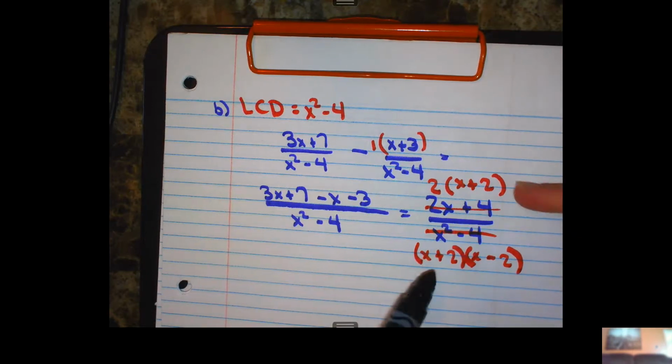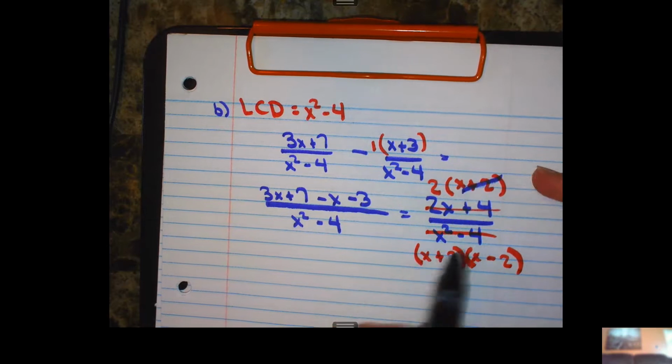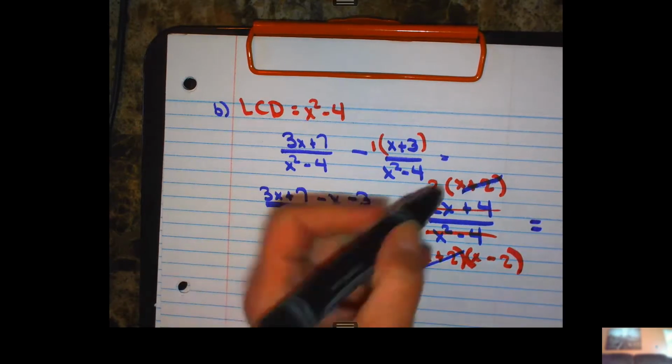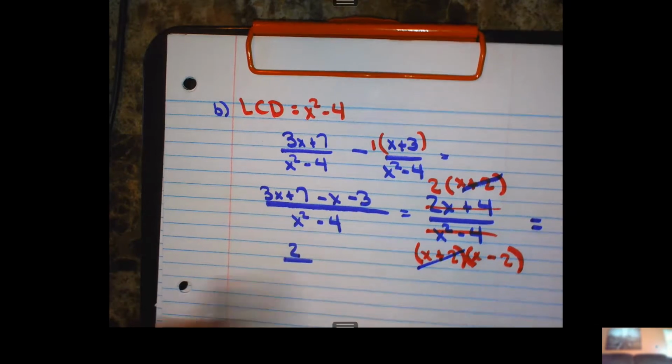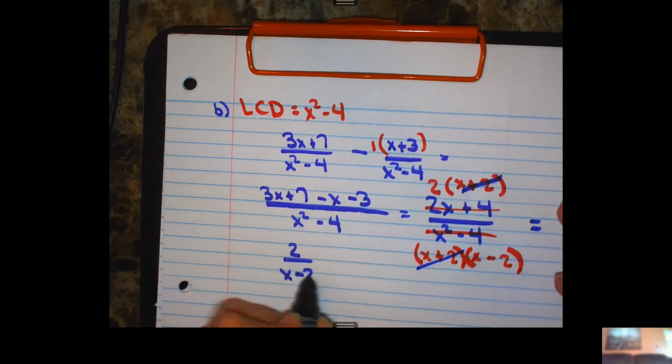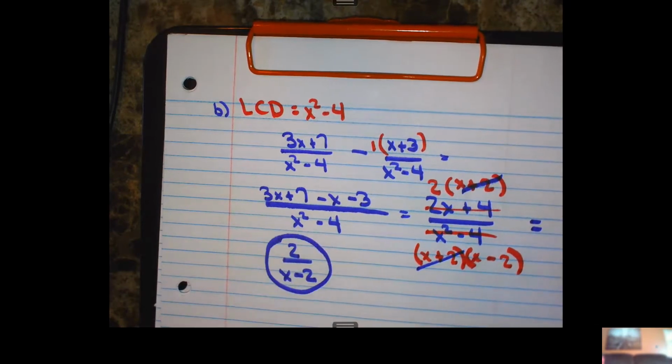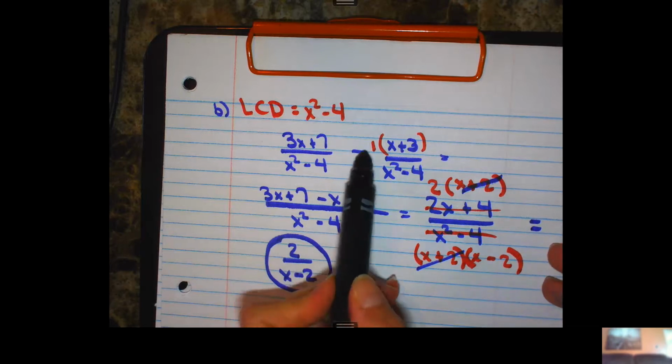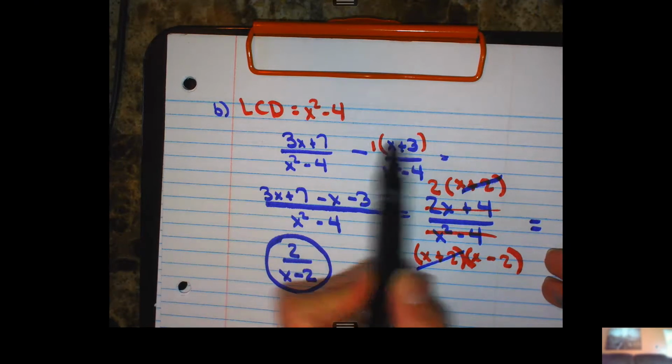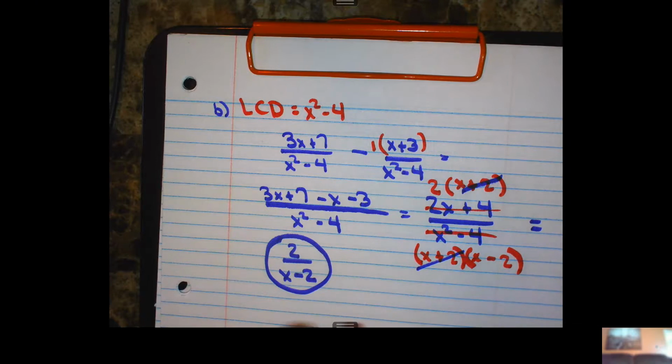I can cancel. That's our x plus 2. So I'm going to get rid of those. Nothing else is in common, so we're ready for our answer. We have a 2 on the top, and we have an x minus 2 left on the bottom. So the important thing, get a common denominator. Remember to switch the signs of your second expression, and then you're combining and factoring.